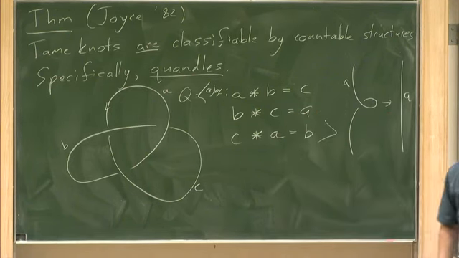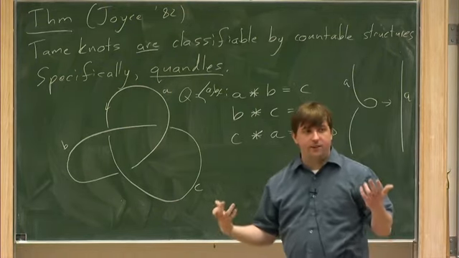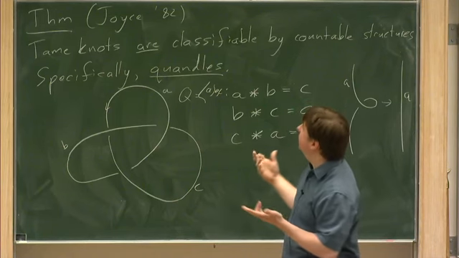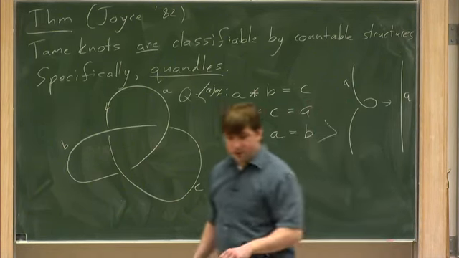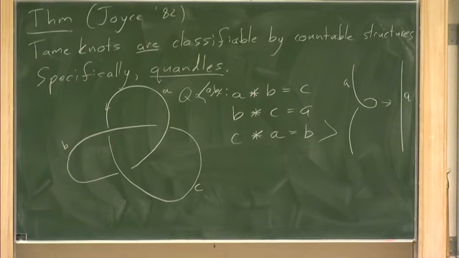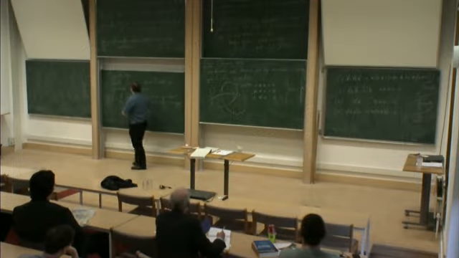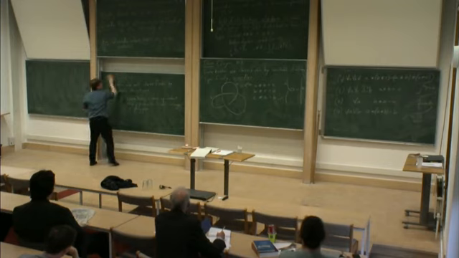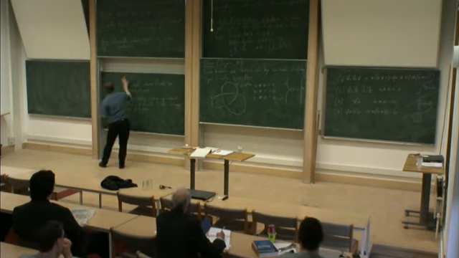So now how are we going to show that they're as complicated as possible? Well, first of all, in what sense are they as complicated as possible? Probably most people in the audience have heard of Borel reducibility, but let me state it anyway.